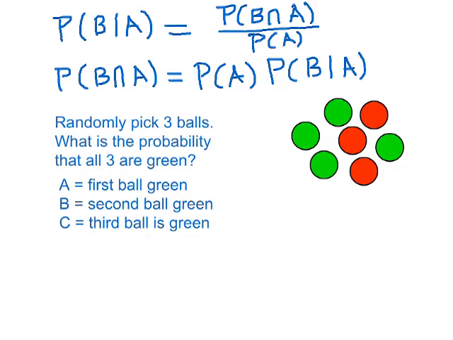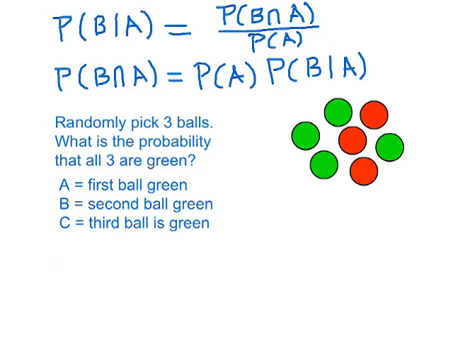We can extend that line of reasoning to more than 2 events. Suppose, for example, we were picking 3 balls instead of 2, and we were asking the question, what's the probability that all 3 are green? Here we're talking about 3 things happening, the first ball being green, the second ball being green, and the third ball being green. In this example, we need to extend this equation above to 3 events instead of just 2.